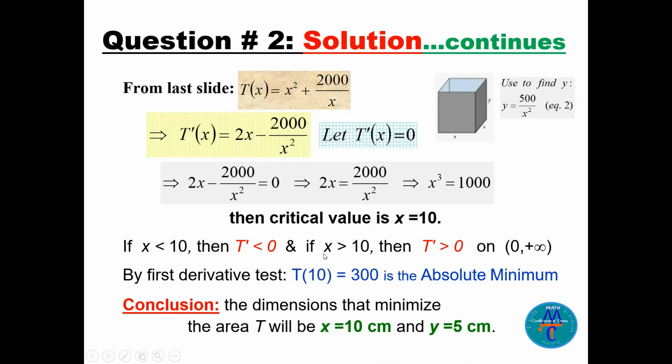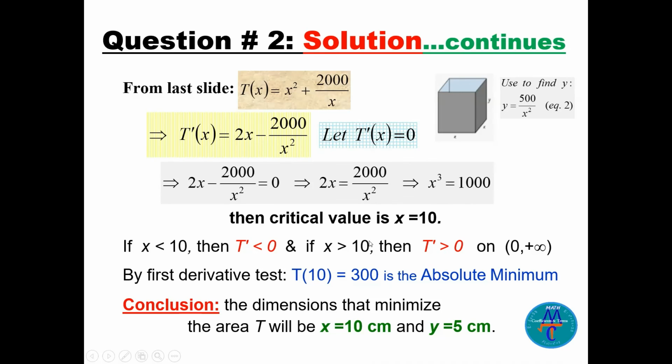If x is greater than 10, you can take 50 or 100, then T prime will be positive. You are studying now T prime here, but there is no need for a table of signs. It's not complicated. Now, by the first derivative test, we find T of 10.